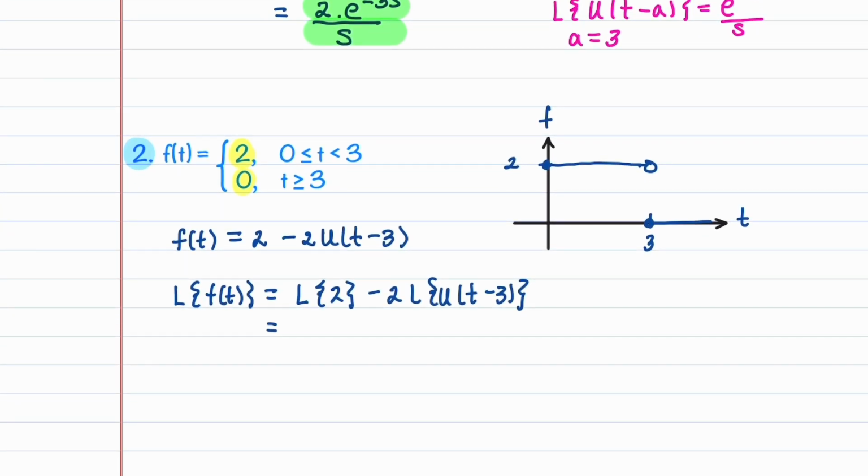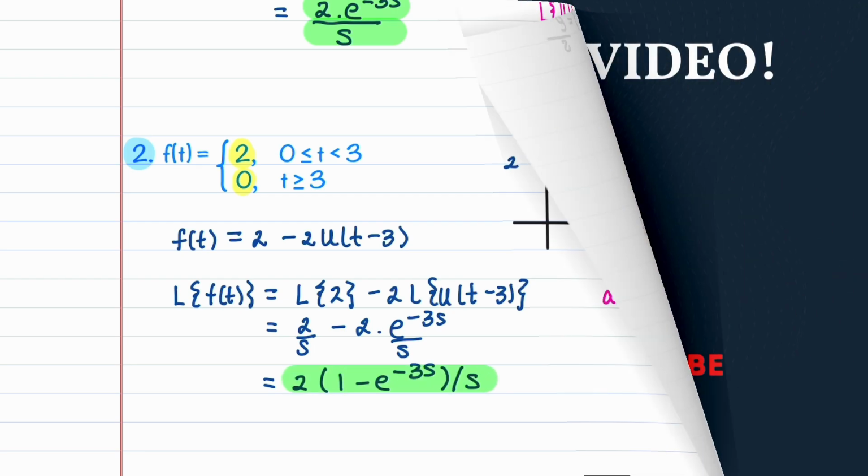The Laplace transform of a constant is that constant times 1 over s, so this gives us 2 over s, and then we have minus 2, and the Laplace transform of our unit step function, when a is equal to 3, is going to be e to the minus 3s divided by s. We can write this as 2, we'll bring that out in front, and then we have a 1 minus e to the minus 3s, and all of this is divided by s. And there's our transform.